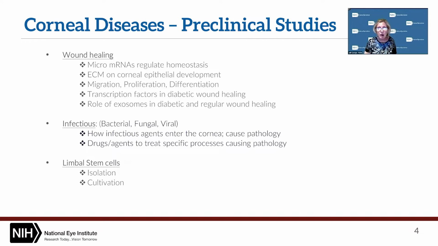We also have a variety of applications on infectious diseases, and this covers a whole spectrum of infectious disease between bacterial, fungal, and viral. Most of these applications are looking at how the infectious agent enters the cornea and causes pathology, or drugs or agents to treat these processes that cause the pathology.